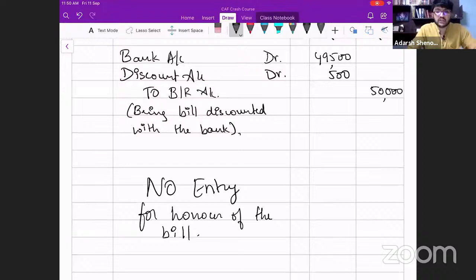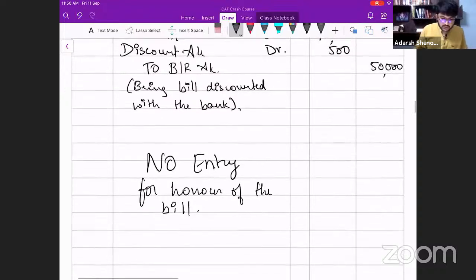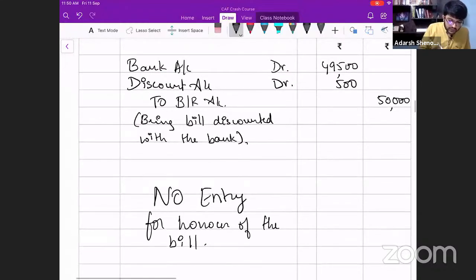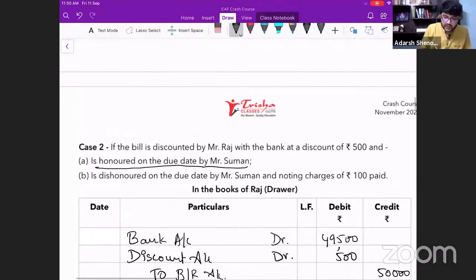There is no entry in my books of accounts because I am not incurring any expense, no asset, no gains, nothing coming in, nothing going out, no liability, no asset, nothing is happening with me. Absolutely no difference to me if he's honoring the bill. Understood this? Yes or no? Yes, we've understood this. So this was case A.